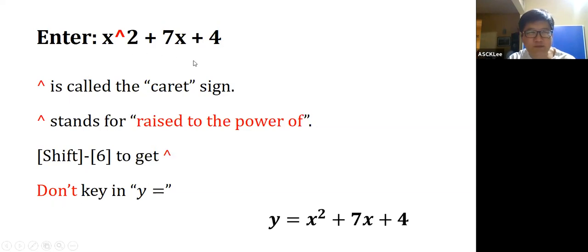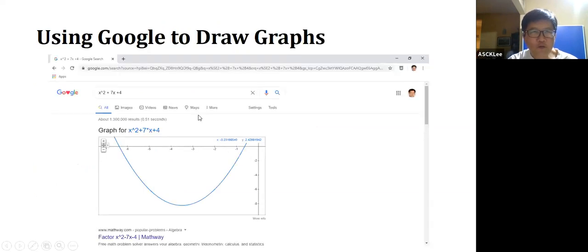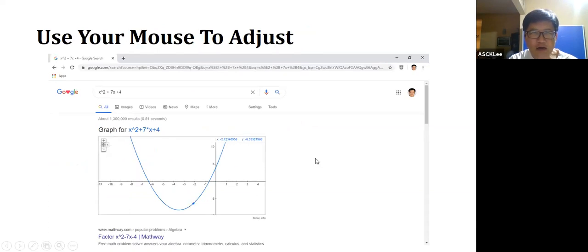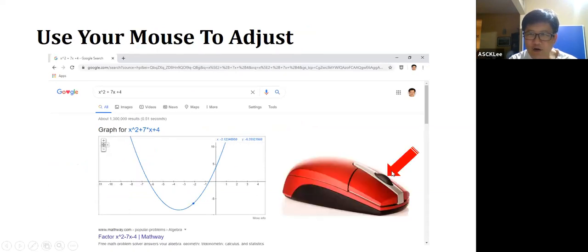Remember, this has to be an expression, so do not key in the y equals. So x raised to the power of 2 plus 7x plus 4. That's how you read this. It's the same as this one here. Now, when you use Google to draw graphs, that's what you get. You can use your mouse wheel to adjust, and you can use this to adjust as well.